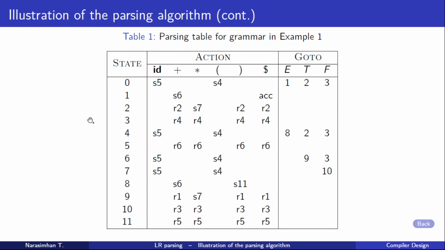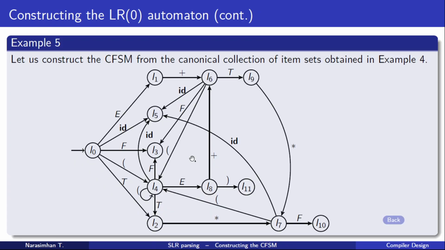Now in I5 you find that there are no transitions for any symbols in the grammar, so there will be no go to entries. What about I6? I6 on T takes you to I9, on F it takes you to I3. So 6 on T is 9 and 6 on F is 3.